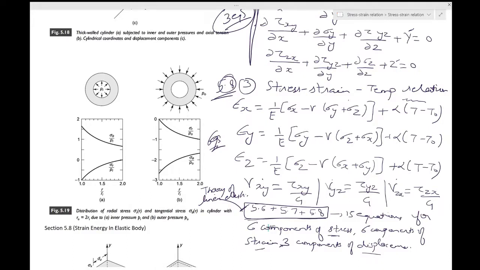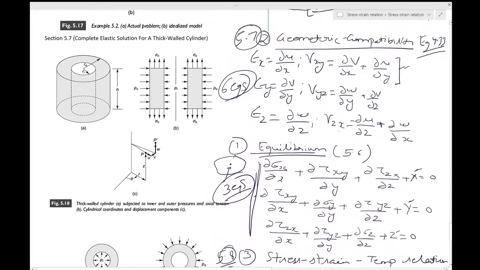Okay, an additional consequence of 5.7, the strain displacement relation, is that the strains are associated with the undeformed configuration. So if you look at this one, this is basically a small change in the displacement along the x direction. So they are associated with the undeformed configuration.